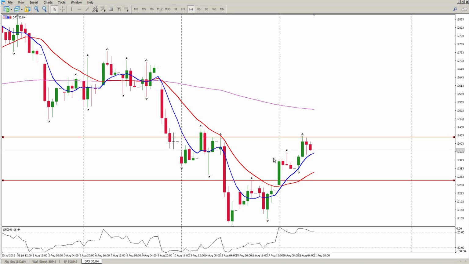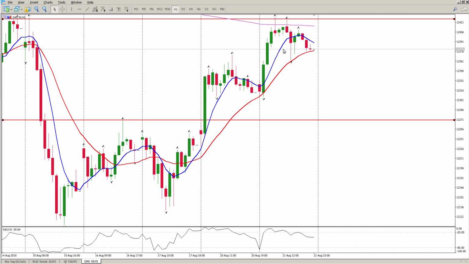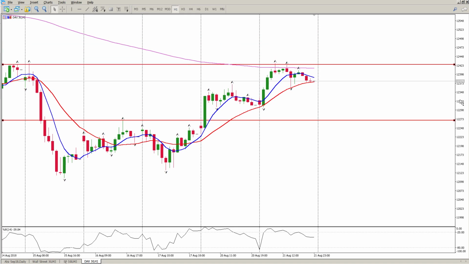That is giving me some confidence that this is a wedge. Okay, so this to me is a wedge right now, and it's a rising wedge, which is bearish.